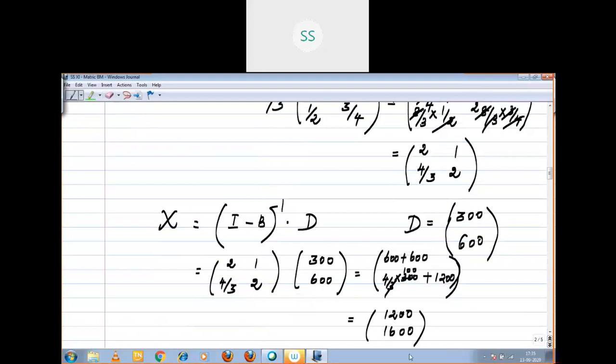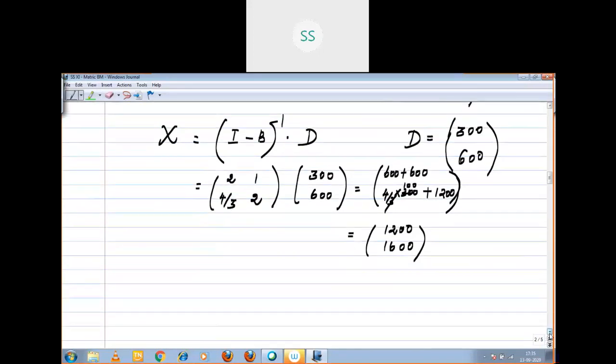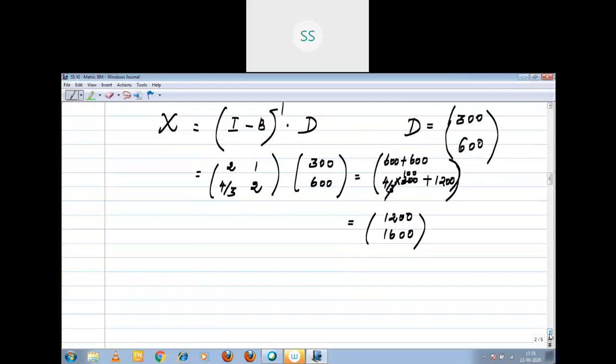Now, which is equal to 1200 here, 400 plus 1200, 1600. Got it, children? That tabular column we are converting into the matrix, and easily you can calculate the values. The output, easily you can solve the problem.